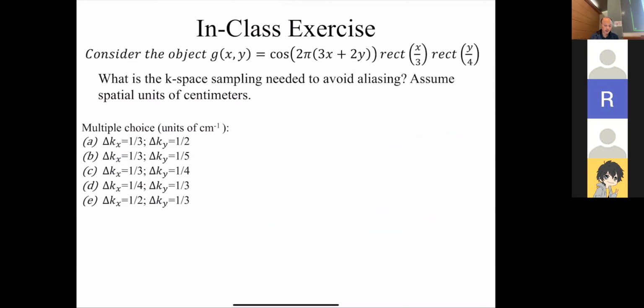Let's do an in-class exercise. Here's my object: cosine of 2 pi times (3x plus 2y), times rect of x over 3, times rect of y over 4. You are supposed to figure out the delta kx and delta ky to avoid aliasing. You can assume spatial units of centimeters.